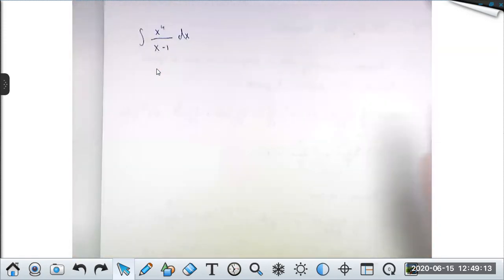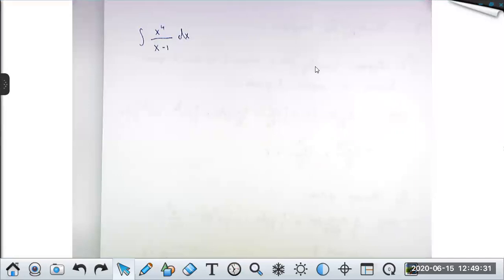Can anyone advise? What do we do? So this is a rational function. There might be some PFD in our future, but yeah, we need to long divide because the degree of the top is bigger than the degree of the bottom.